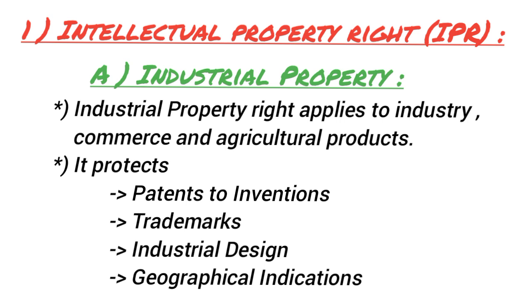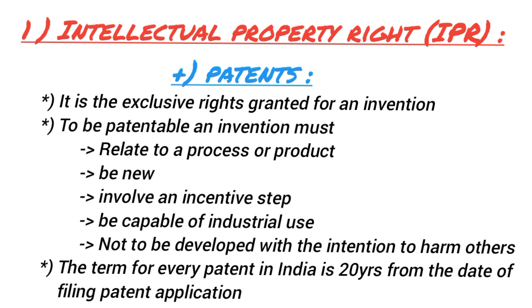Industrial property right applies to industry, commerce, and agricultural products. It protects patents for inventions, trademarks, industrial designs, and geographical indications. Patents. It is the exclusive right granted for an invention.